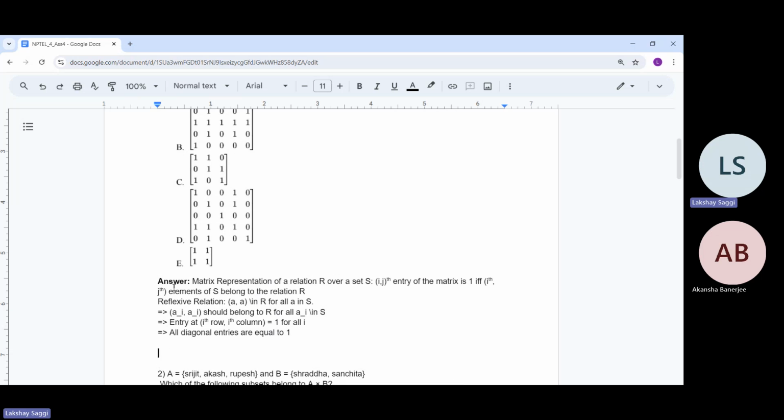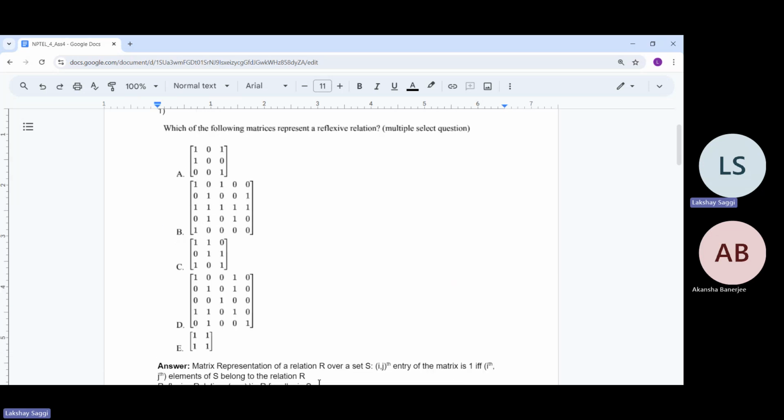And we have to identify in which of these matrices we actually have diagonal entries equal to 1. In option A, we can see that in the diagonal entries, the second element, the 2 comma 2 element, is 0.